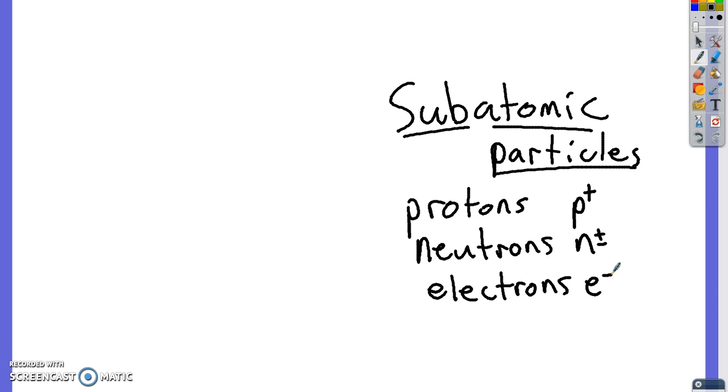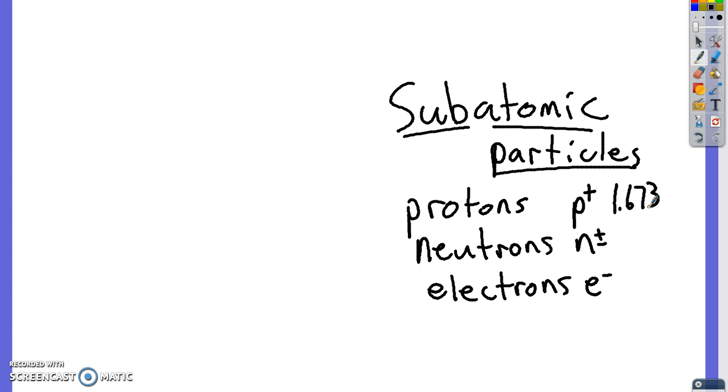All right. Now the mass of those, when they first started looking at these, they said, okay, well, let's figure out what the mass of a proton, neutron, electrons would be. And they said, well, we're going to do it in the same units that we do mass in for other things, and that is grams.